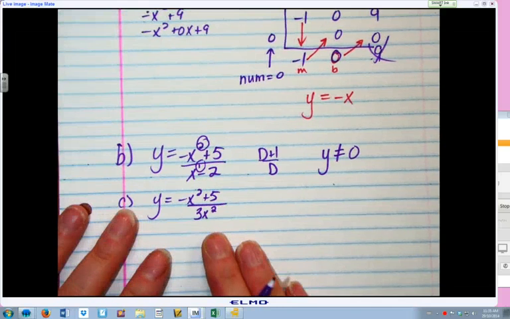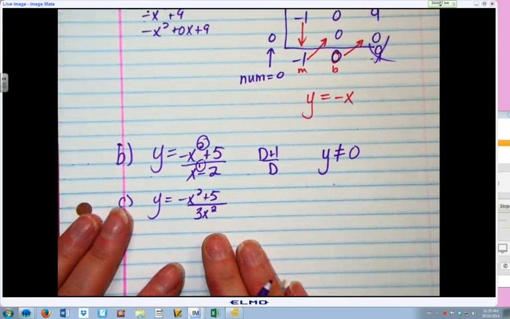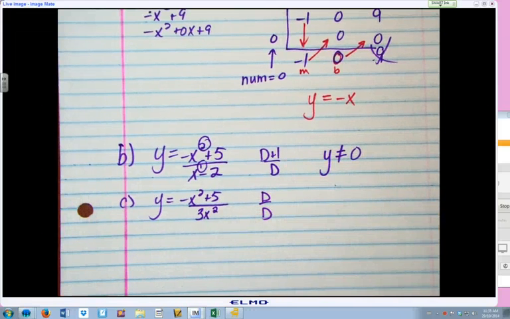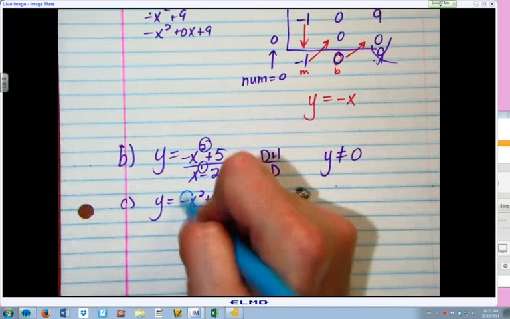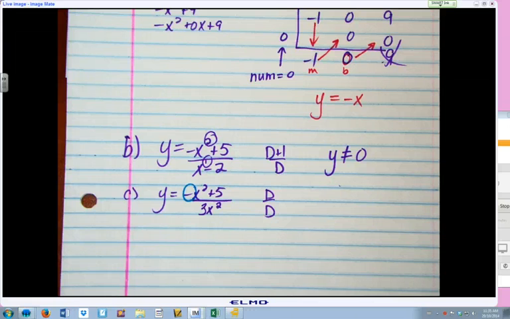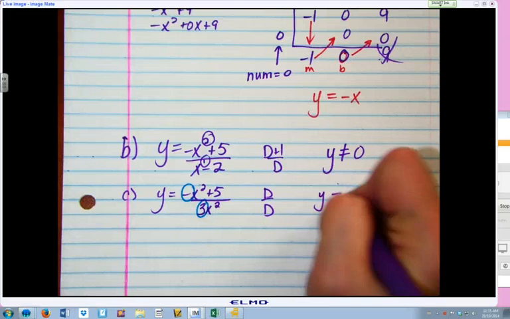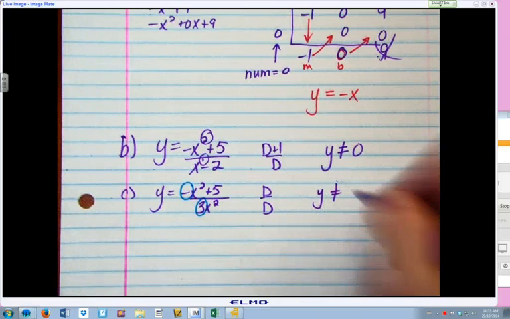Degree on the top. Degree on the bottom. Which of the 3 situations? Again, we're like, yay, it's not oblique, but it means I have to do a little bit of work. Leading coefficient on the top. Leading coefficient on the bottom. What do we do with them? We divide them. So y cannot be -1/3.